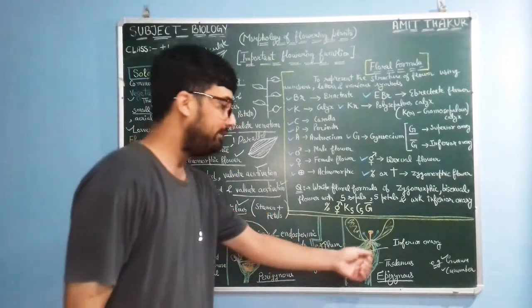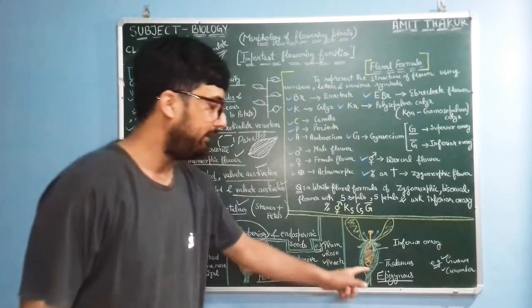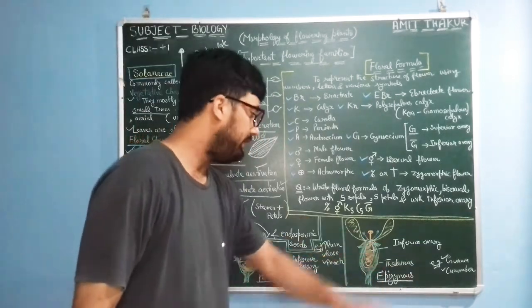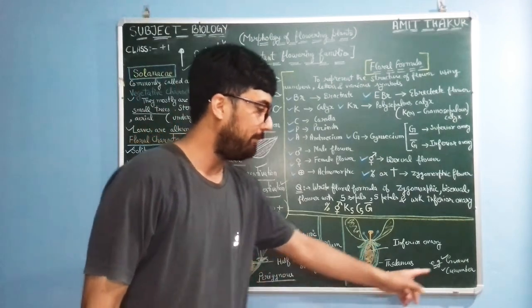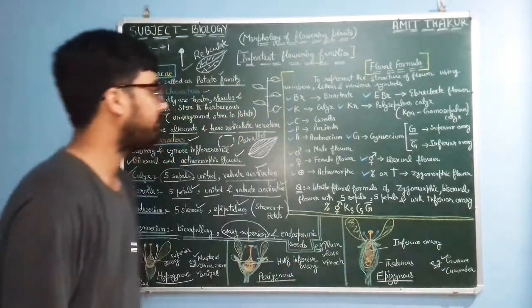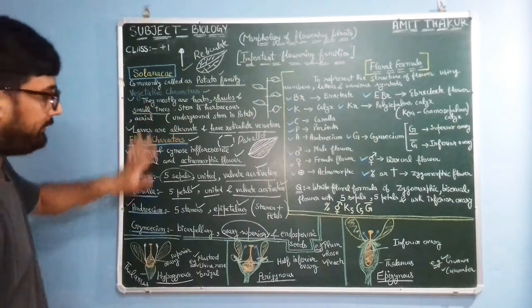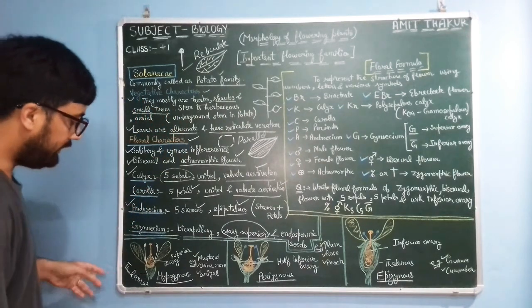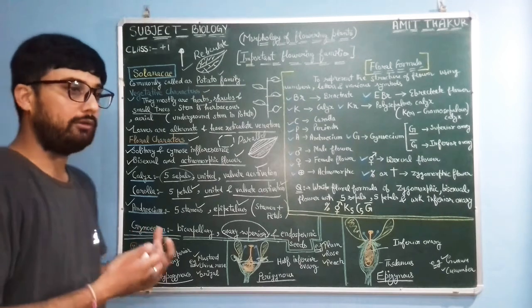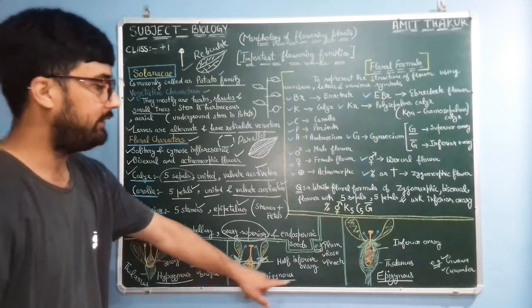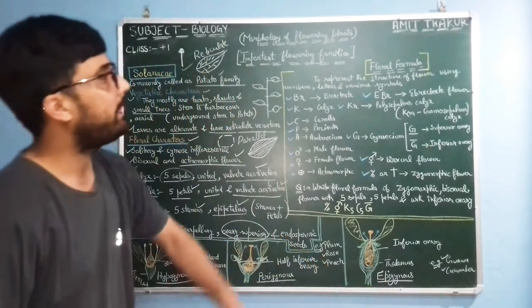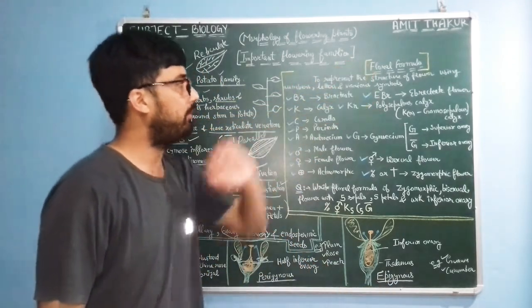That's why it is known as inferior ovary, and the flower is known as epigynous flower. Examples are guava and cucumber. This is about the Solanaceae family, and the location of the ovary inside the flower: hypogynous, perigynous, and epigynous. Now we have the floral formula.